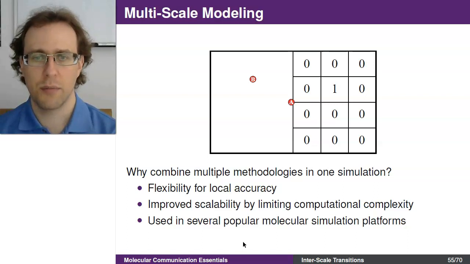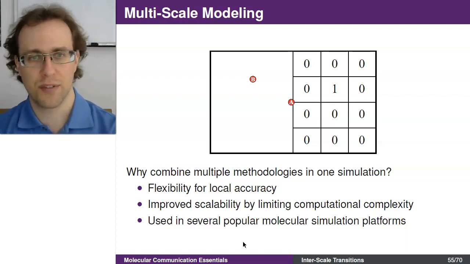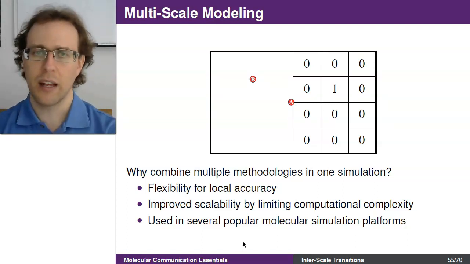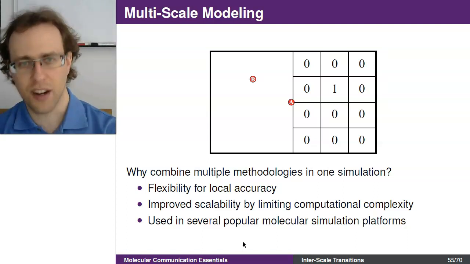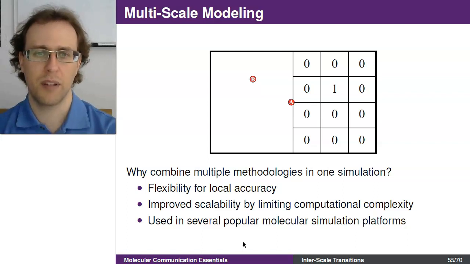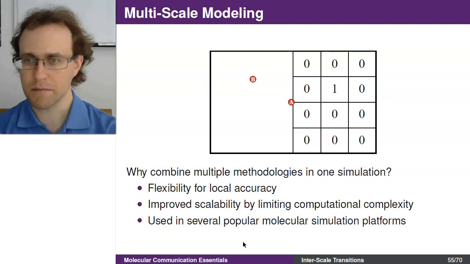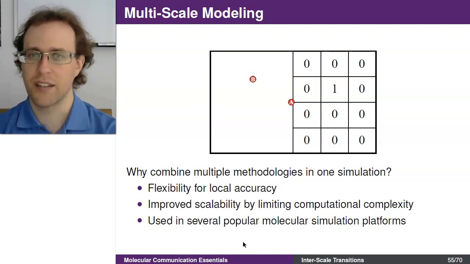This can give you improved scalability by limiting the computational complexity, so basically focusing the computational resources where they would be most useful. And this is an approach that's already used in several popular molecular simulation platforms. Not necessarily molecular communication, but those that have been developed in the physical chemistry community, which I will talk about a few of shortly as I finish off the talk.